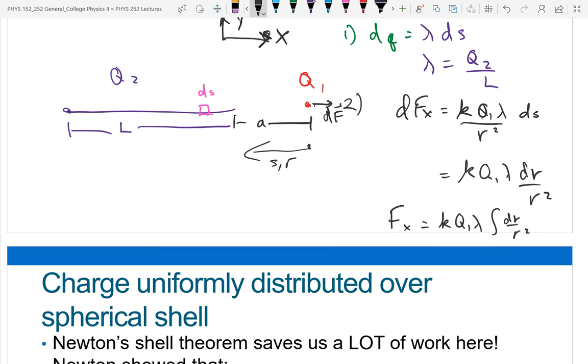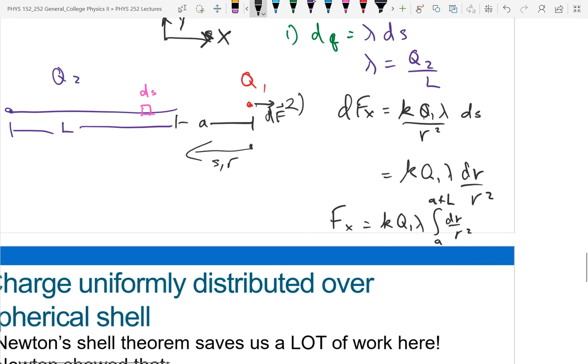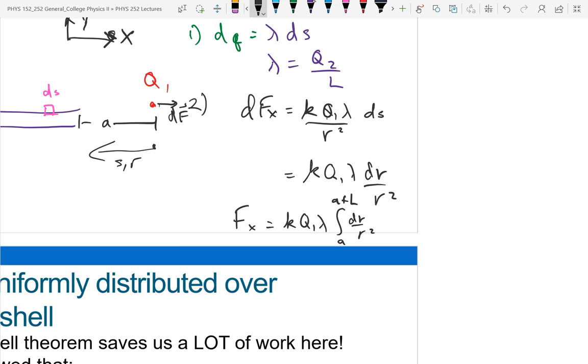The closest distance is a, and what's the farthest distance? a plus L. Okay, so we just do this integral. What's the integral of 1 over r squared dr?